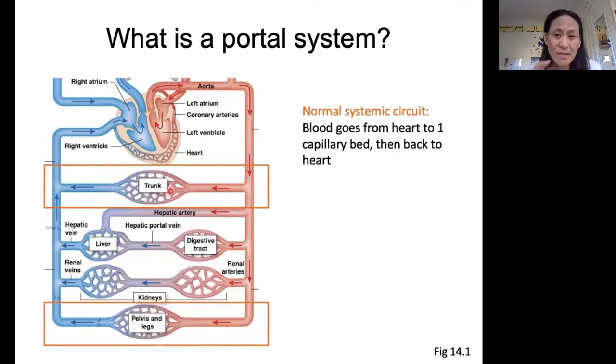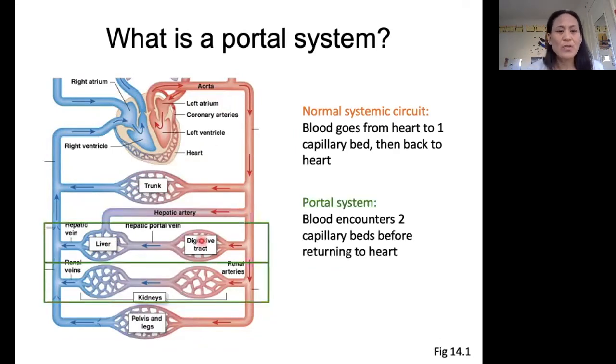However, a portal system is a very specialized systemic circuit in which we have two capillary beds that the blood encounters before returning to the heart. So if we look at this one right here, we've got the blood going to the digestive tract with a capillary bed there, and then it goes to another capillary bed in the liver before returning to the heart.